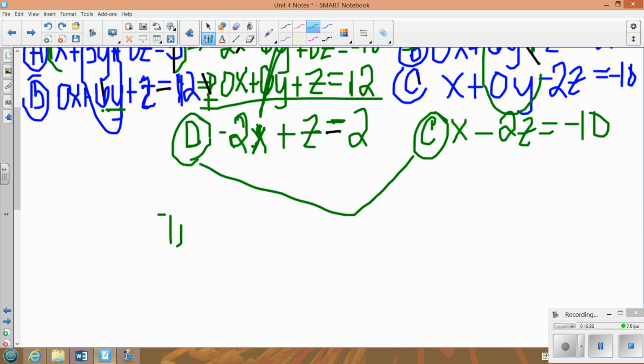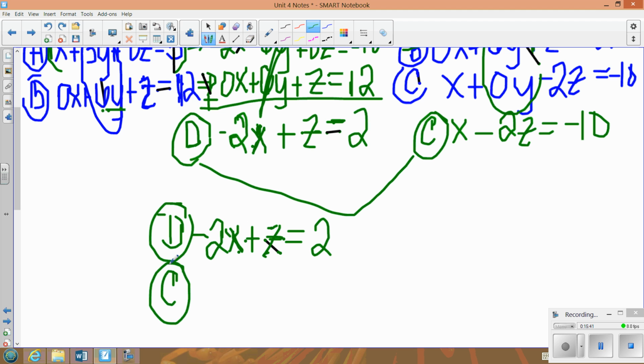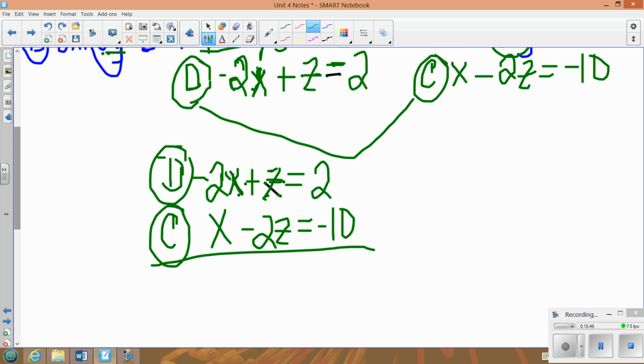So equation D and equation C, I'm using these two equations, and now I can cancel.